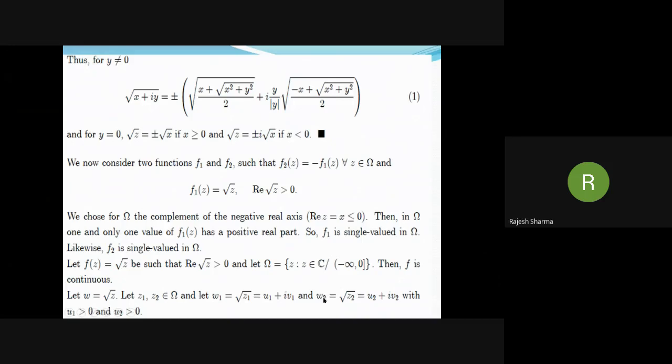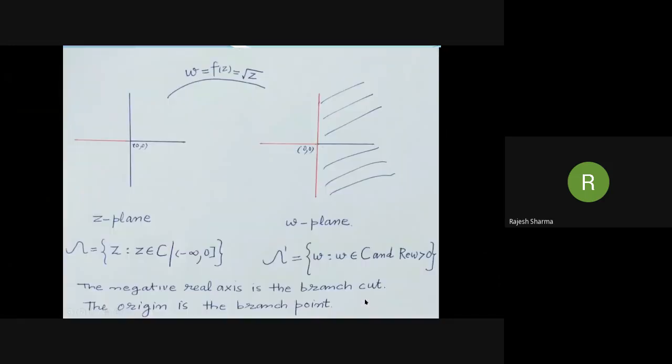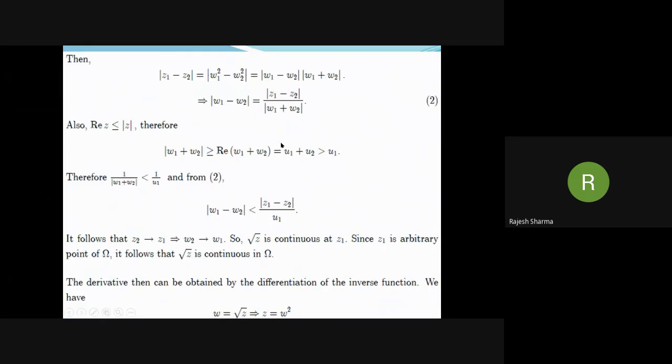And similarly we take w2 is equal to u2 plus iota v2, where u2 is strictly greater than 0. Now we have this identity: mod z1 minus z2 is equal to mod w1 square minus w2 square, and write this as w1 minus w2 into w1 plus w2. So this is equal to mod w1 minus w2 into mod w1 plus w2.